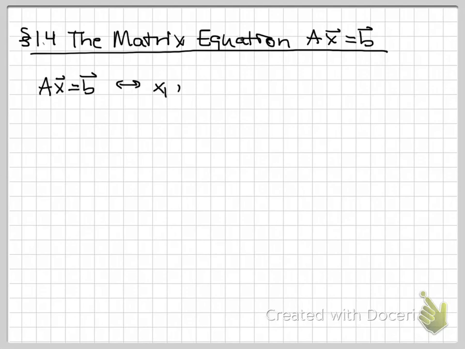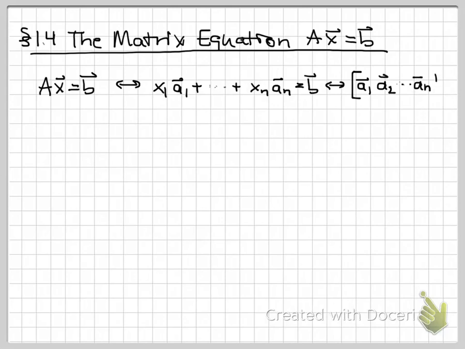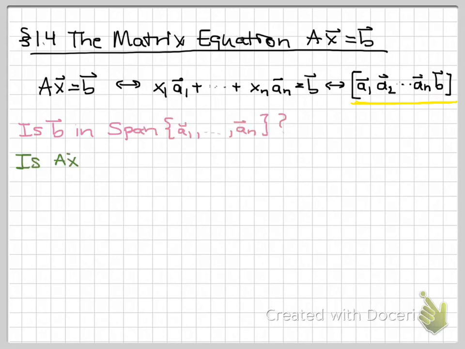So AX equal to B is the same as asking yourself, can I write the columns of A as a linear combination to equal B? And that's the same as looking at the augmented matrix with columns A1 through AN and B. So we can ask, is B in the span of A1 through AN?